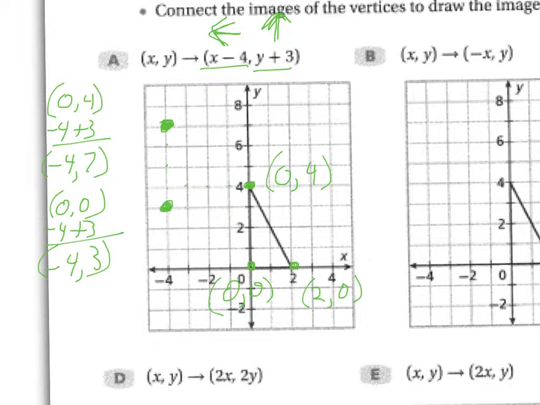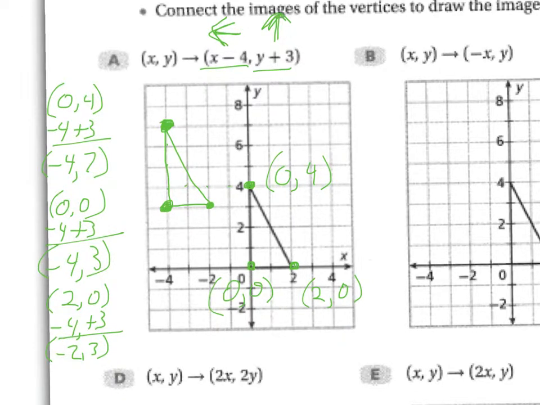And then my last one, I have 2, 0, subtract 4 from my x, add 3 to my y, negative 2, 3, which would be right here. Now there is my new triangle. I have transformed it to this spot. Is it or is it not rigid motion? It is rigid motion because I haven't changed the shape at all. I've just moved it over. Okay, let's look at B.